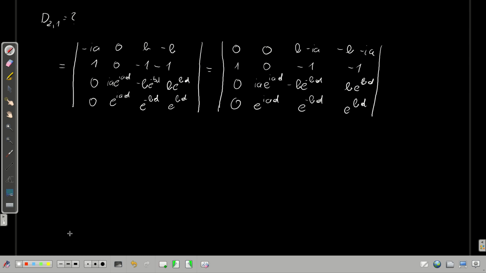Let's use a different color here. Then I multiply the third row with minus I times 1 over A. And this modifies the value of the determinant, meaning that we have to multiply it with the inverse of this, which is minus, which is AI.